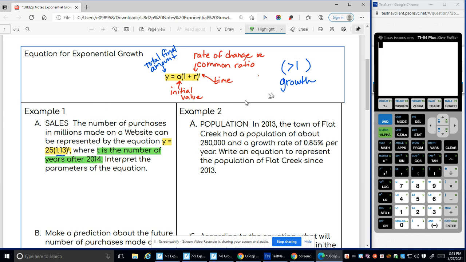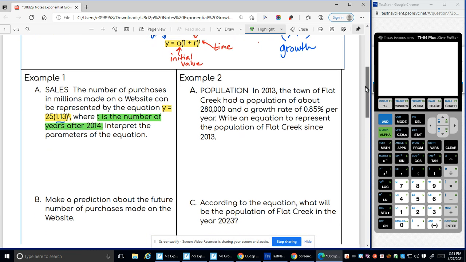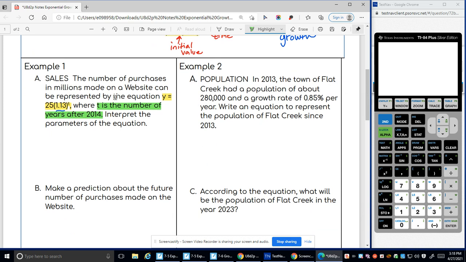All right, so the first thing we want to do is look at what else is important. Aha, this phrase right here is also very important: the number of purchases in millions made on a website. And when you see "can be represented by," that's an indication regarding what y is.